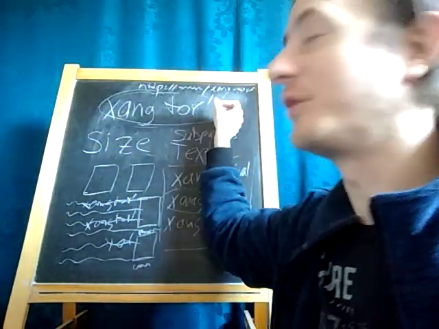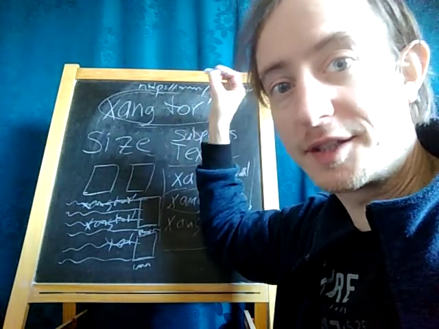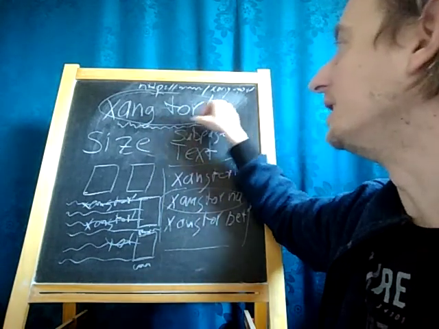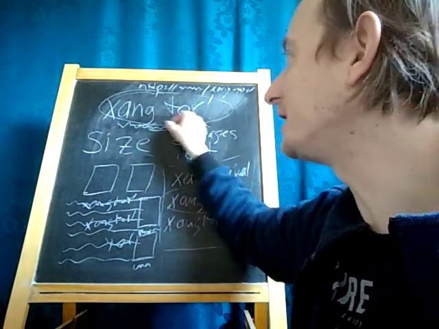The title of the book, of course, is your web page title. Then there's a subtitle. The subtitle might also contain Ksang Tor.